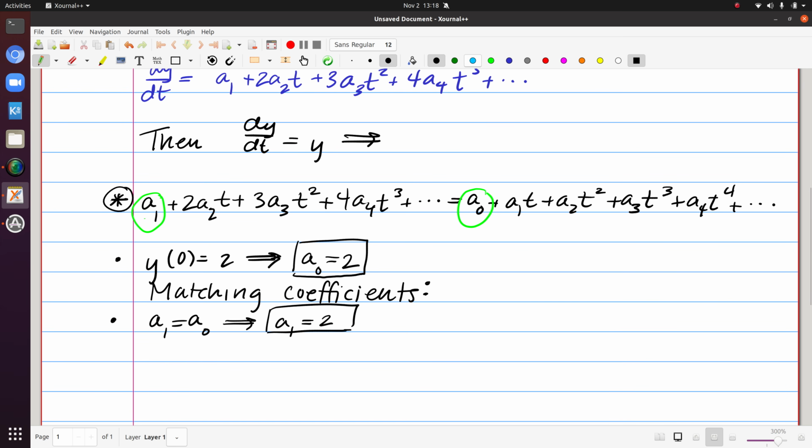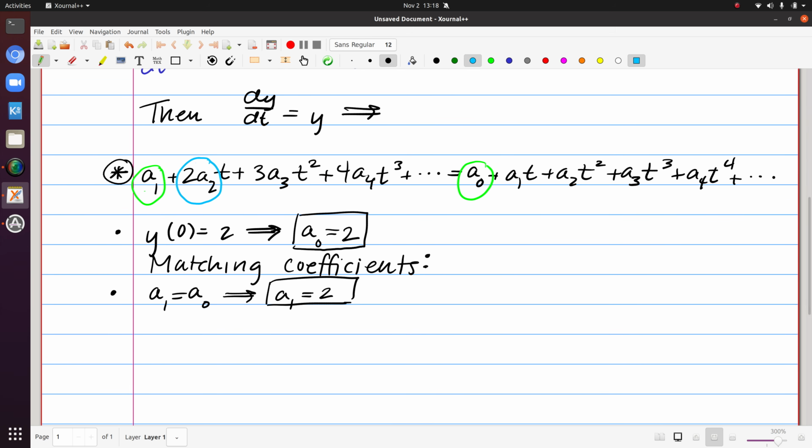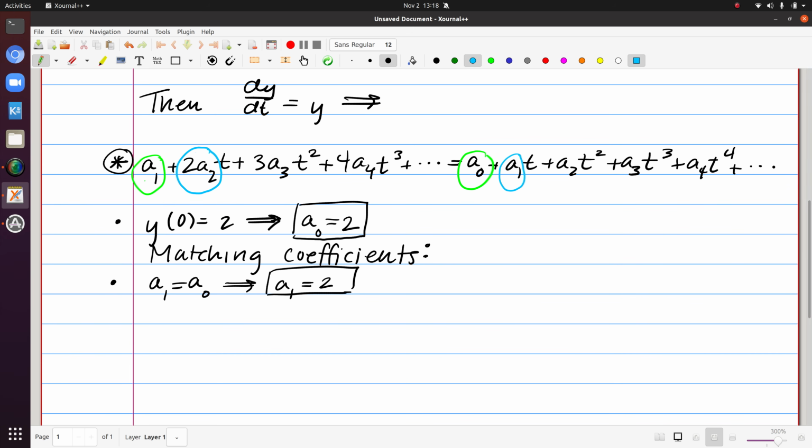Next, I want to look at the coefficient of the t to the first power term. On this side, it's 2 times a2, and on this side, it's a1. So that gives me the equation 2a2 equals a1. We know that a1 is equal to 2 from our previous step, so a2 should be equal to 1.